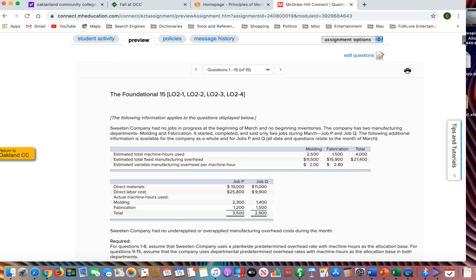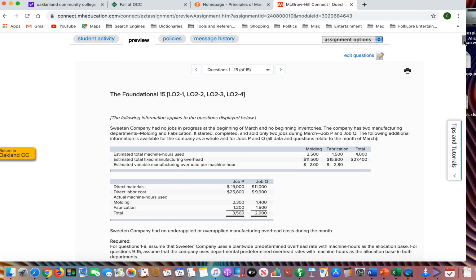This is a good problem for illustration purposes, but I want you to be aware, I'm telling you now, that you need to go back and study, if you need to, slides 30 through 37 of the Chapter 2 PowerPoint slides, which include my audio, my narrative, and they have two allocation bases. Again, one was machine hours and one was direct labor hours.